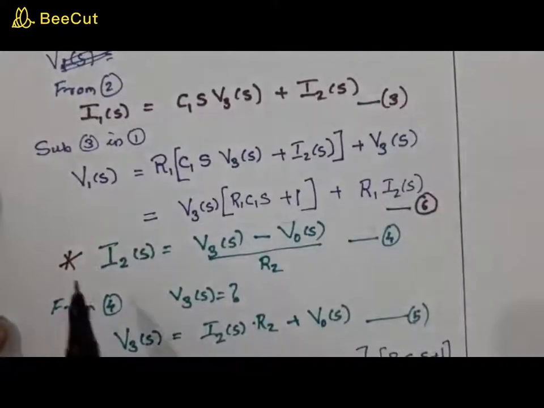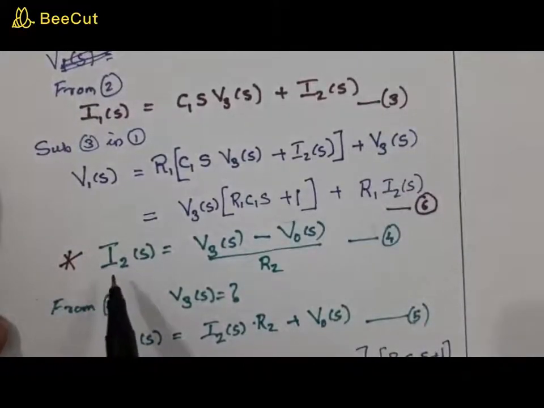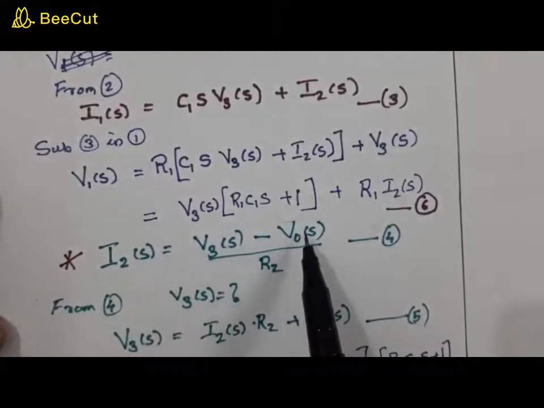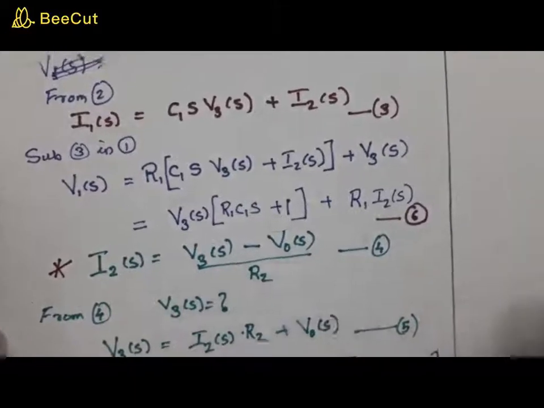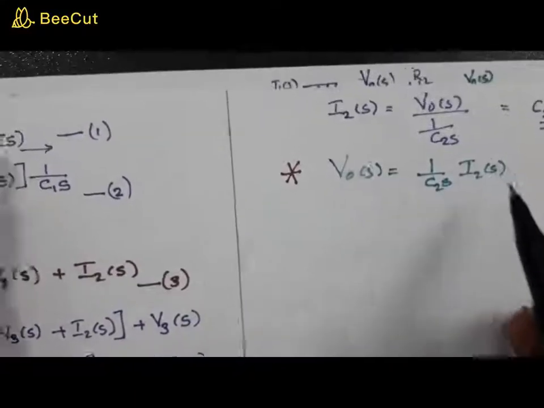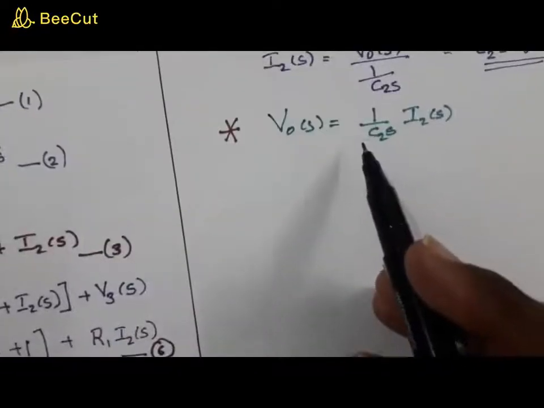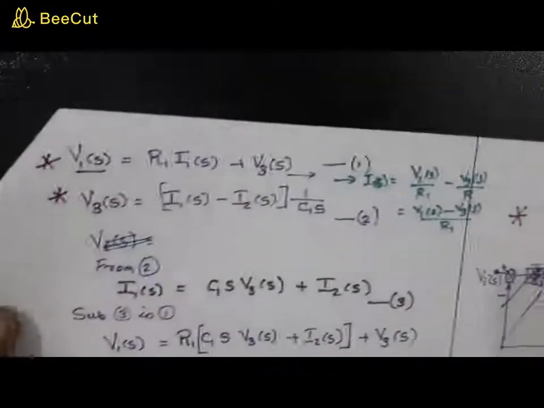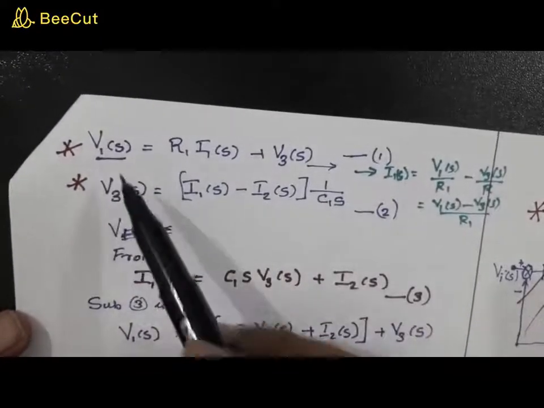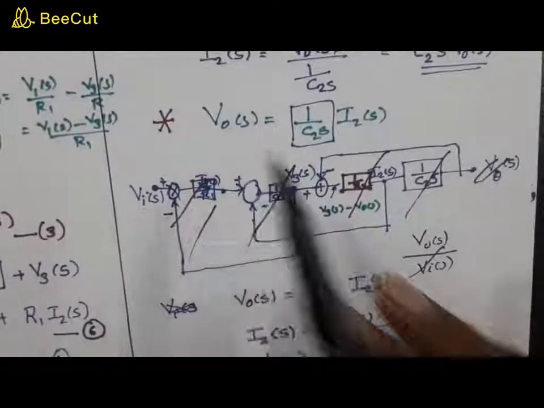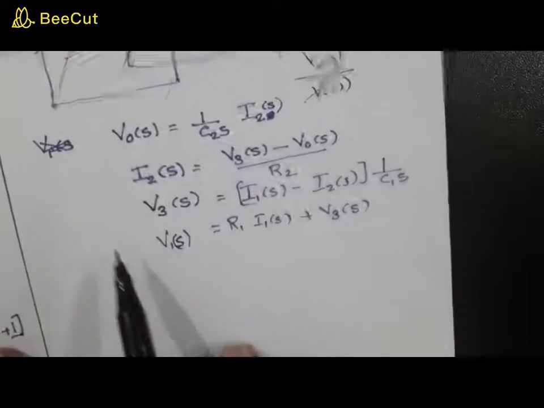Then you have another equation, I2 of s, which also relates V3 of s and the final voltage divided by R2, and you have the final one. So you require these four equations to draw the block diagram. Okay, starred four equations: V1 of s, V3 of s, I2 of s, and V0 of s. I have rewritten them again here.